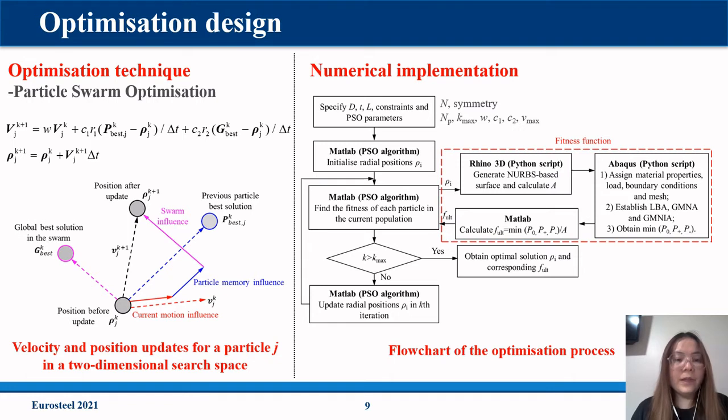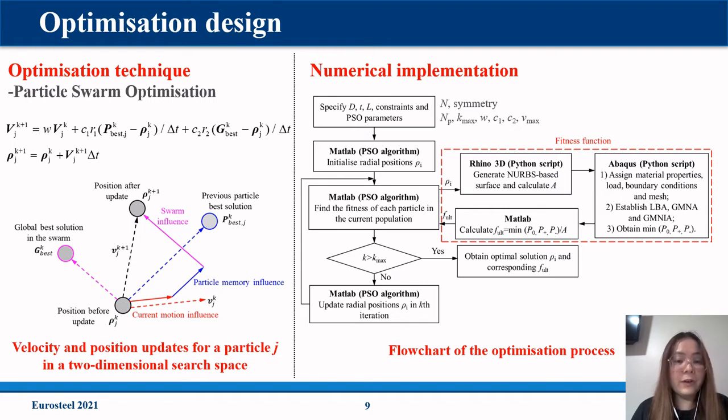It's an algorithm in which a swarm consists of individuals which fly through an n-dimensional search space. Each particle in the swarm represents a potential solution. Let's look at these equations. The current velocity is updated based on the previous velocity, the particle-best position, and the global-best position.